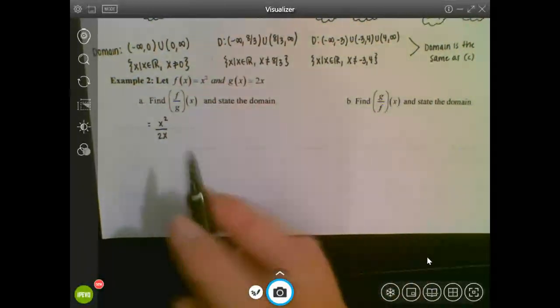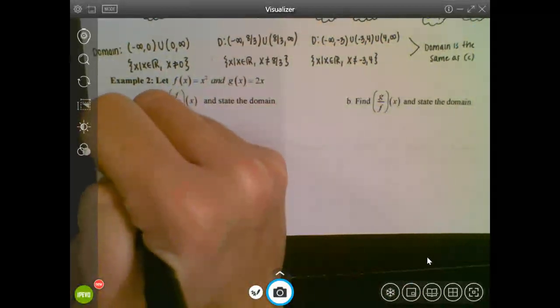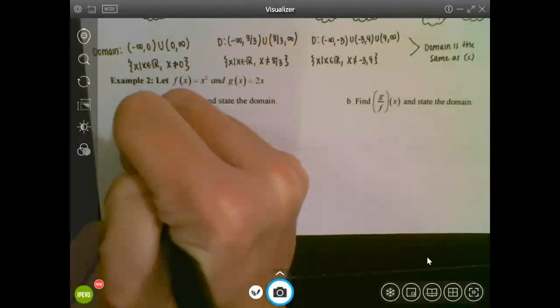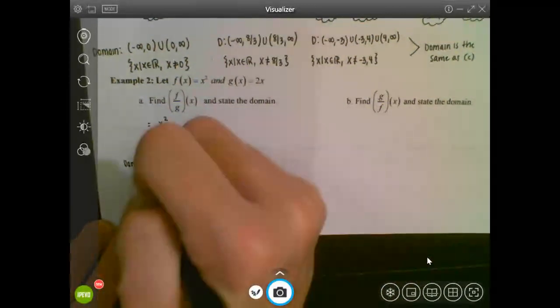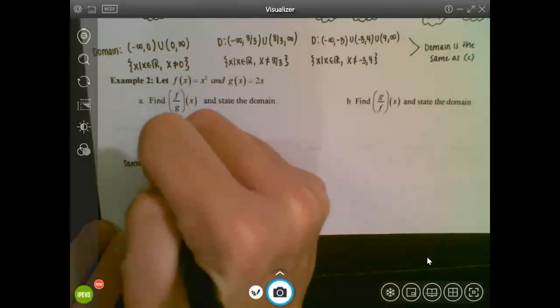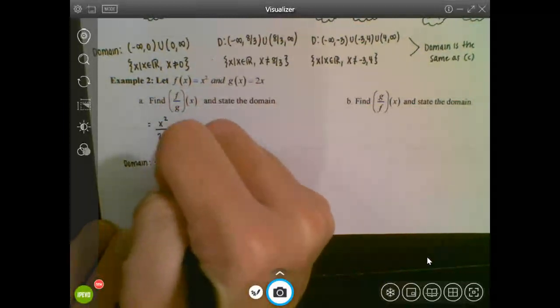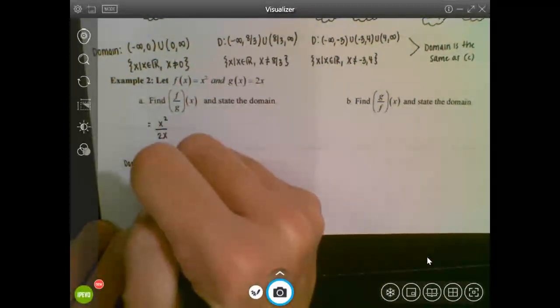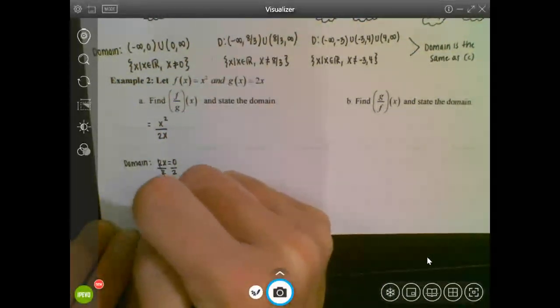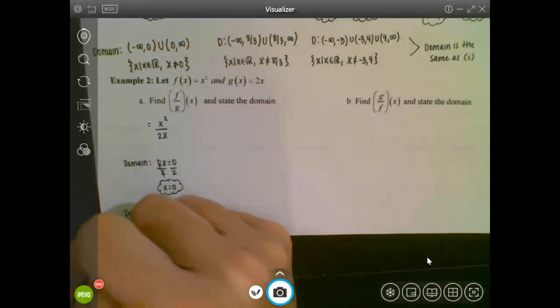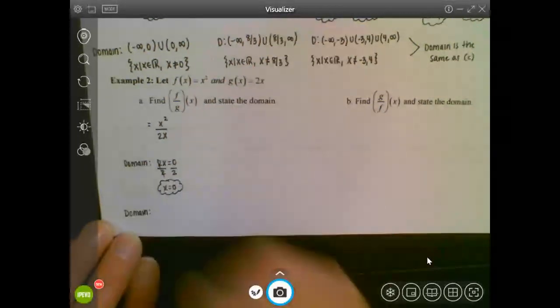So our domain restriction is going to be where the denominator, again, is 0. So the domain restriction is going to be where 2x is equal to 0. And again, if I solve this out like I would a regular equation, that's going to tell me that x is equal to 0. So our domain restriction is going to be that x can't be equal to 0.